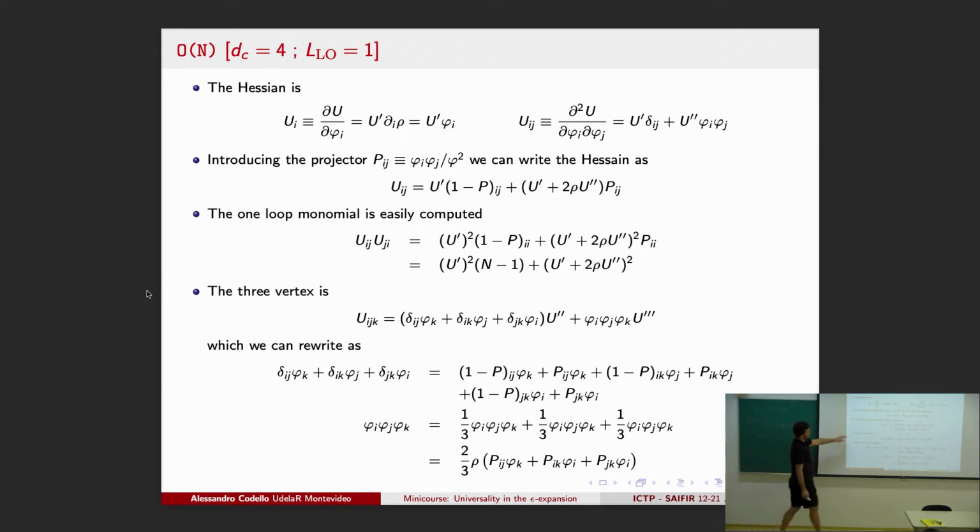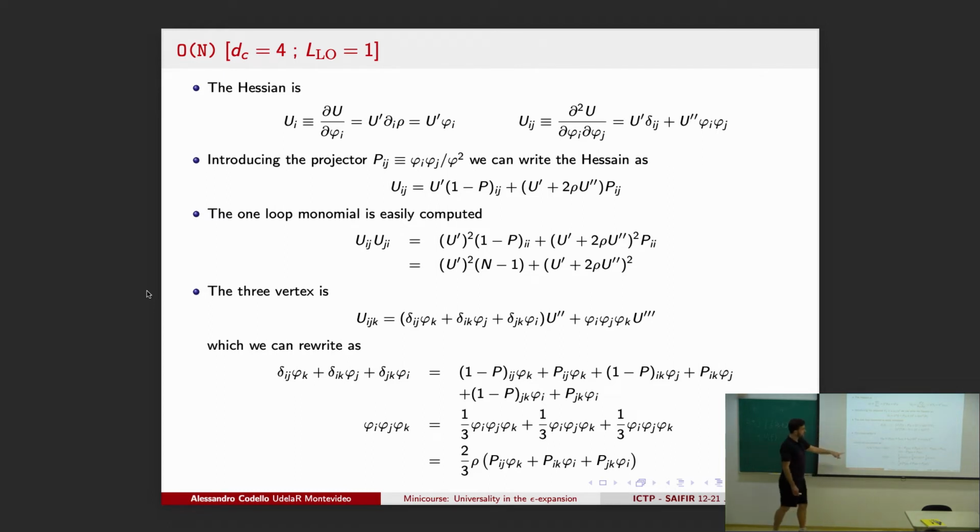And so the Hessian is written down in a very simple form. In this form, it also allows you to invert it, even if here it is not necessary. Then you compute the square and you trace it. Then you say, let's compute the three-point vertex, and the vertex will have these two tensor structures.